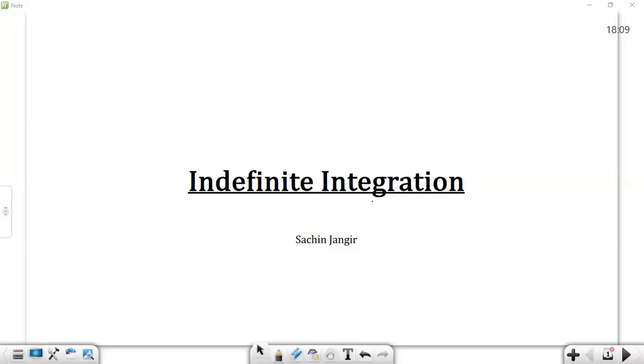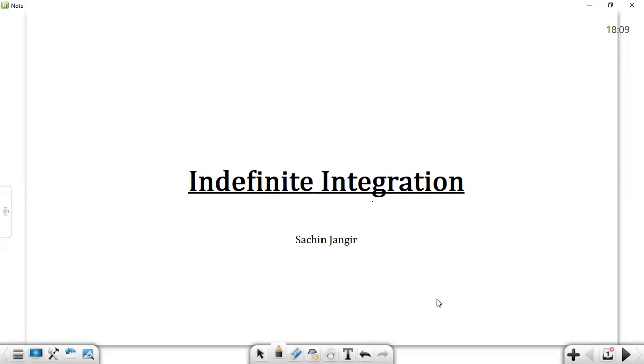Now we are going to discuss another operation, which is kind of similar to differentiation, but is opposite in nature to differentiation. What we used to do in differentiation is differentiate the function.